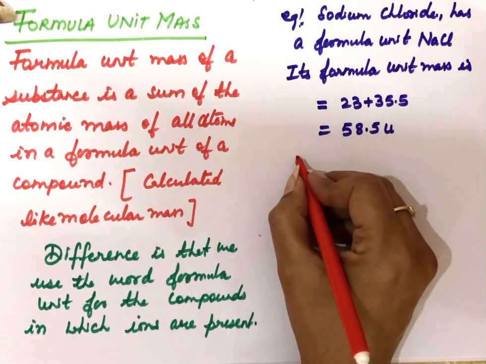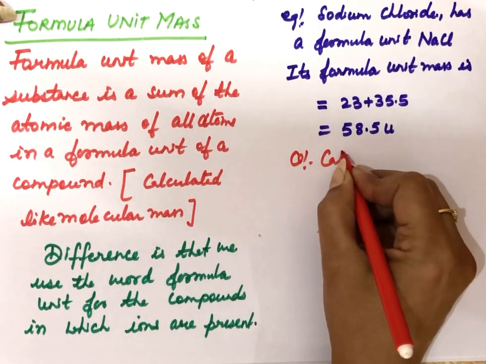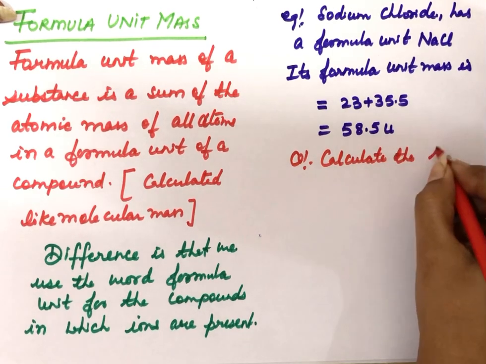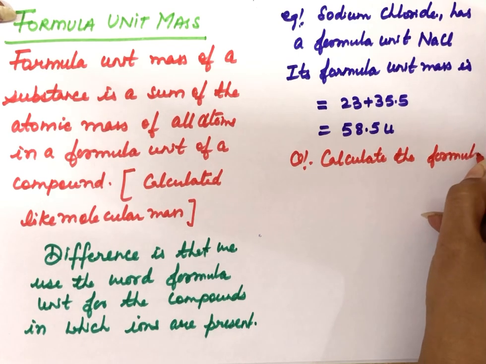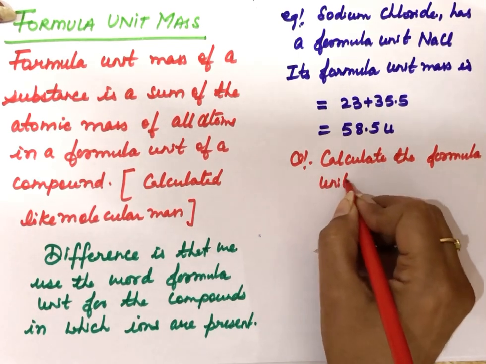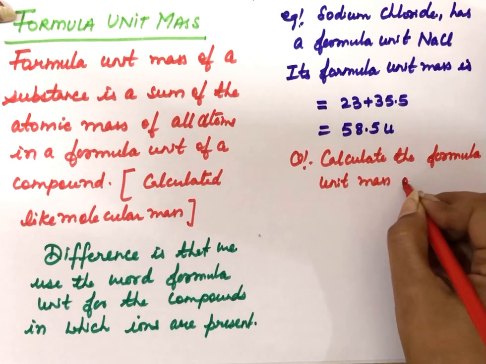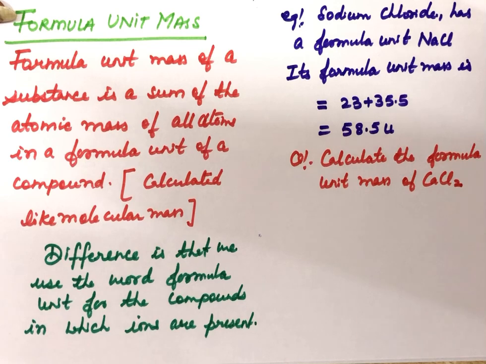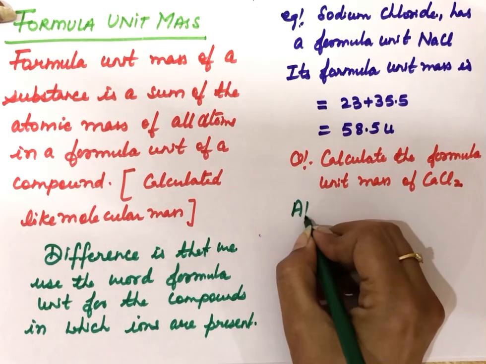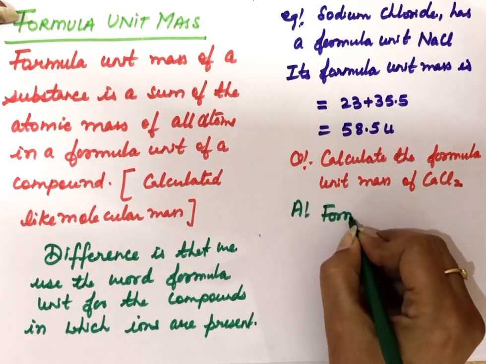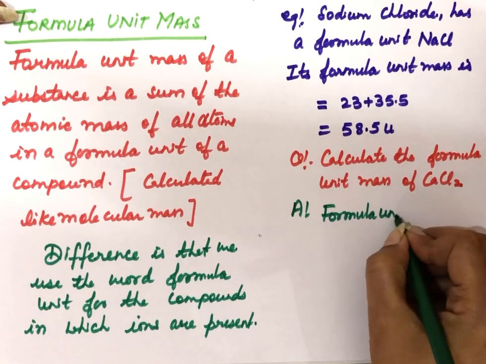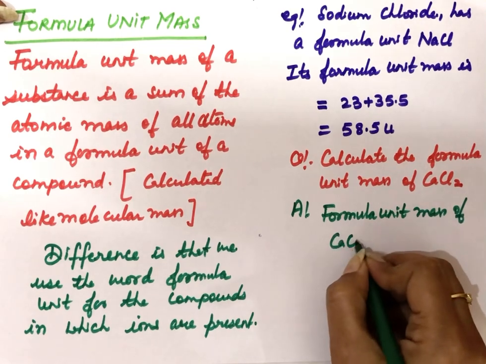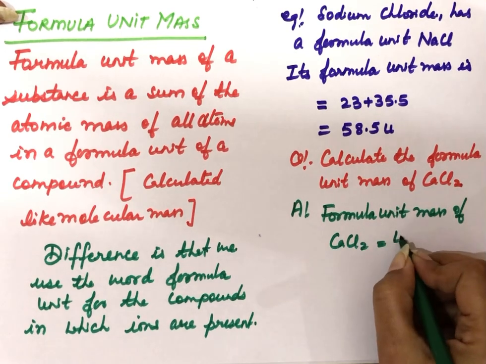Now one question here. Calculate the formula unit mass of CaCl2, calcium chloride. So answer is formula unit mass of CaCl2 is equal to atomic mass of calcium, which is 40.